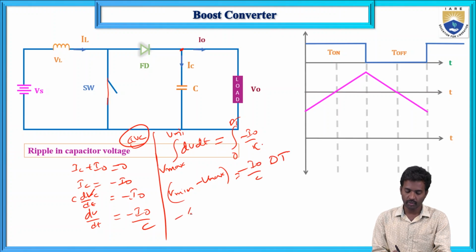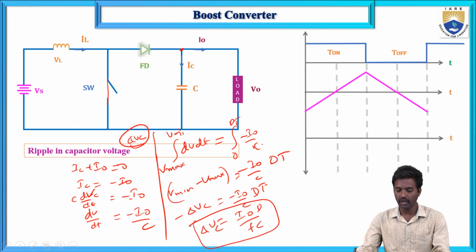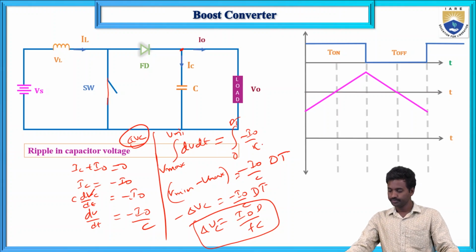So minus del VC equals minus I naught by C into D into T, and del VC equals I naught into D by C, where T means 1 by F. So this is the formula: del VC equals I naught into D by F into C.